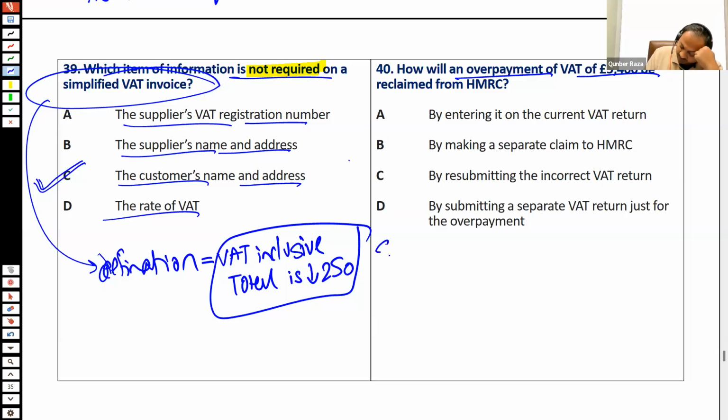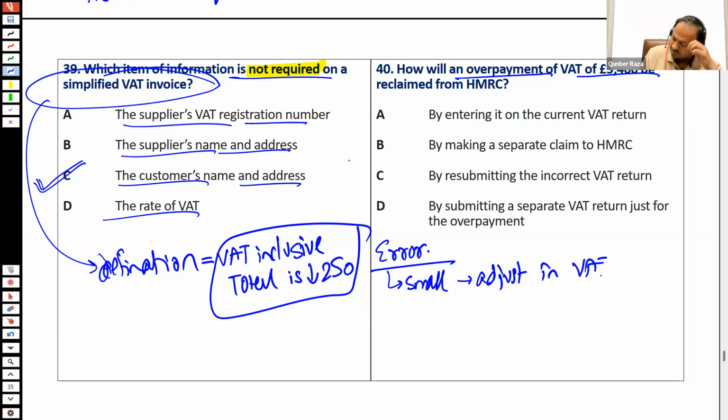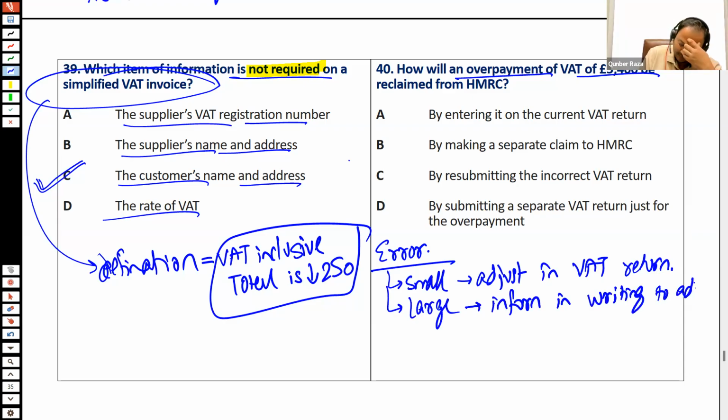So the concept of error: if the error is small, adjust in the VAT return. If the error is large, inform HMRC in writing to adjust.